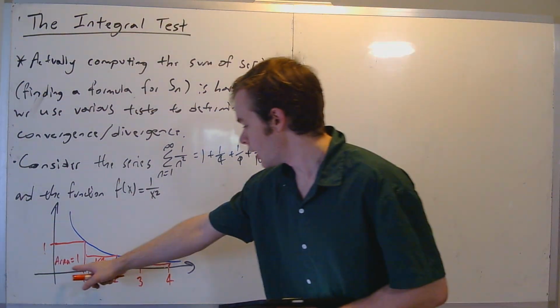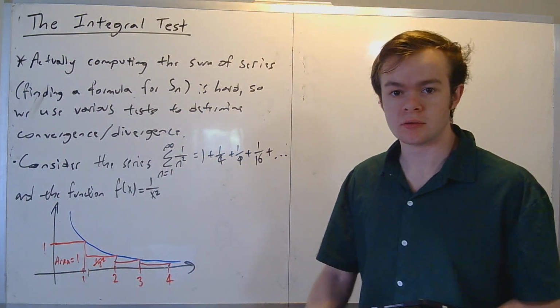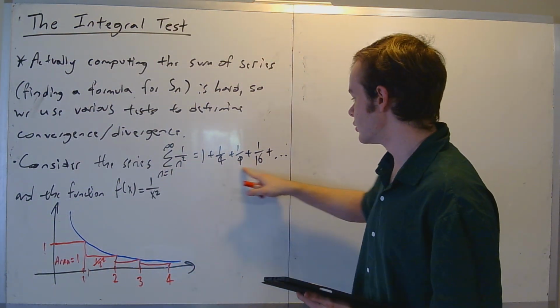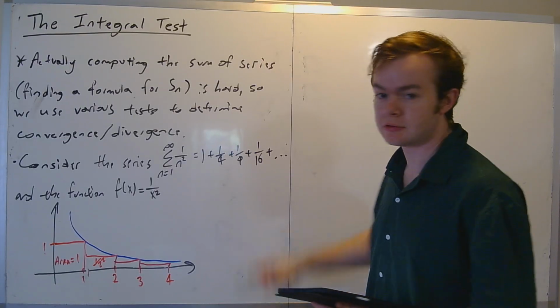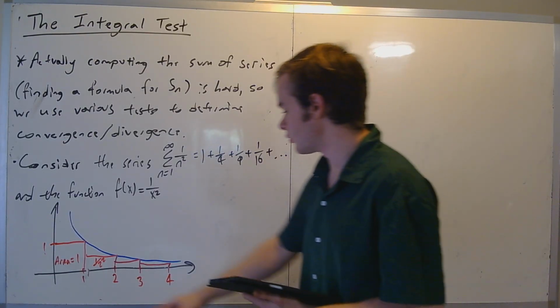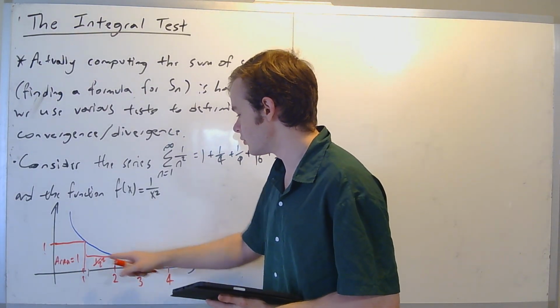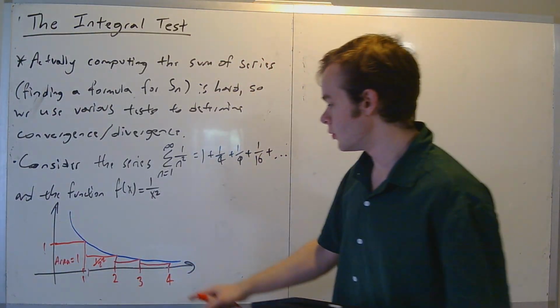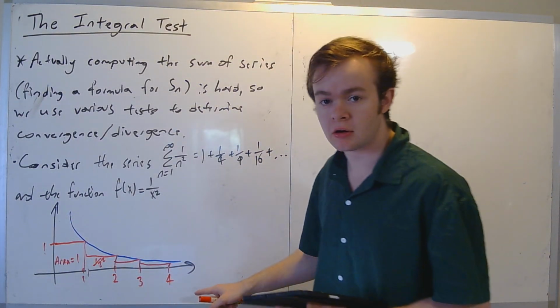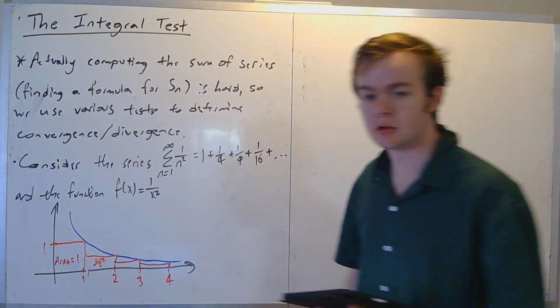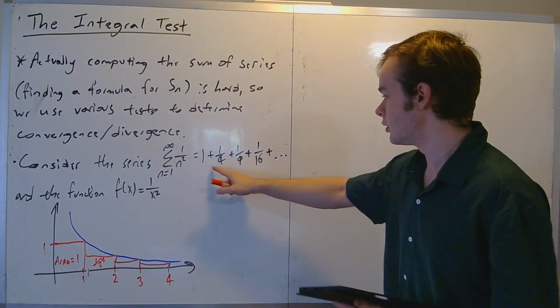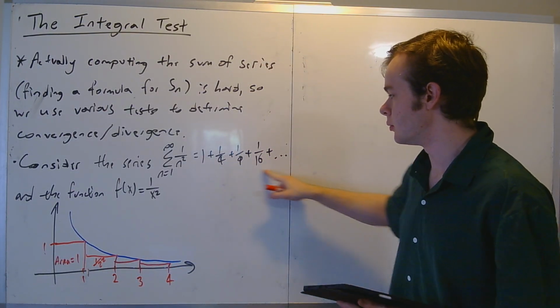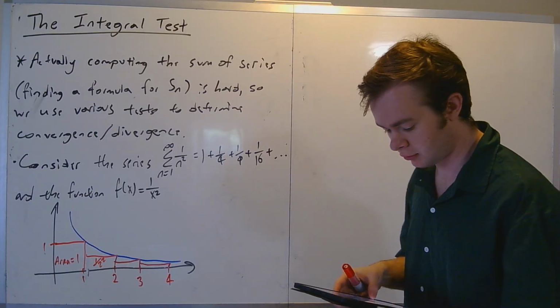So if we add together all of these areas of the red boxes, then we actually get the same thing as this series here. If we took the integral of this function, that's the area under the curve, which is actually bigger than the area of the red boxes. And the area of the red boxes, if we add them all together, is the series.